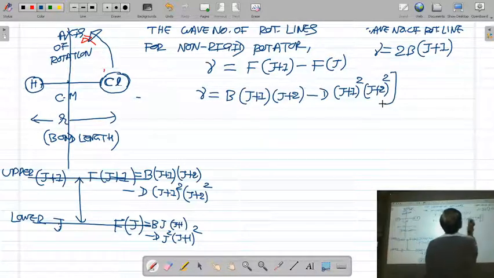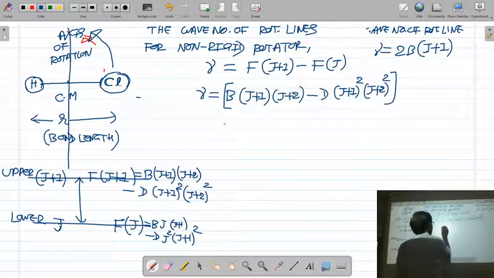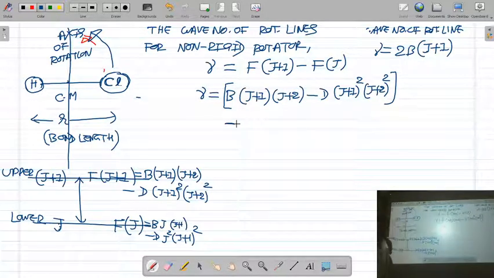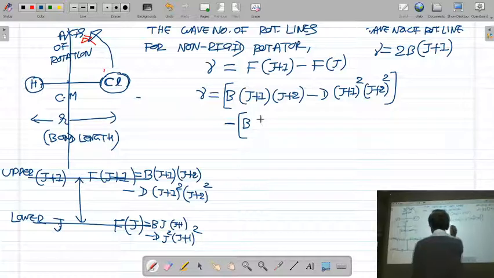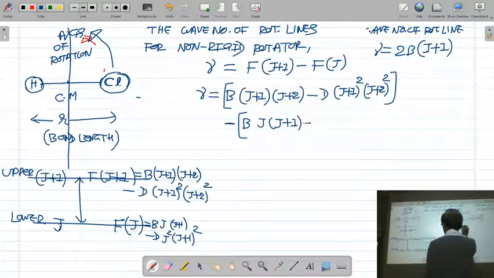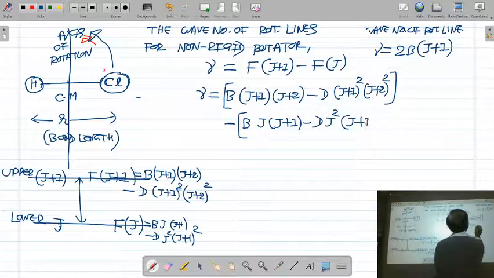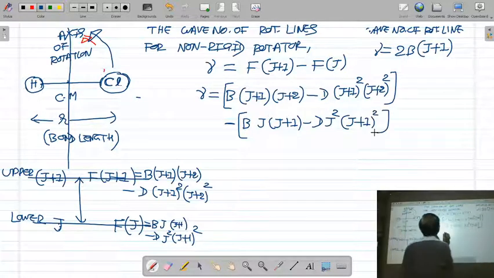So this is the value of F(J+1), minus, let us put the rotational term value of the lower rotational level J. It is F(J), that is BJ(J+1) minus DJ²(J+1)².